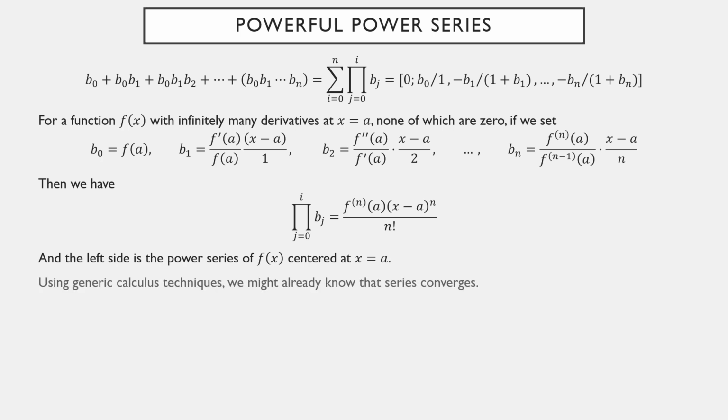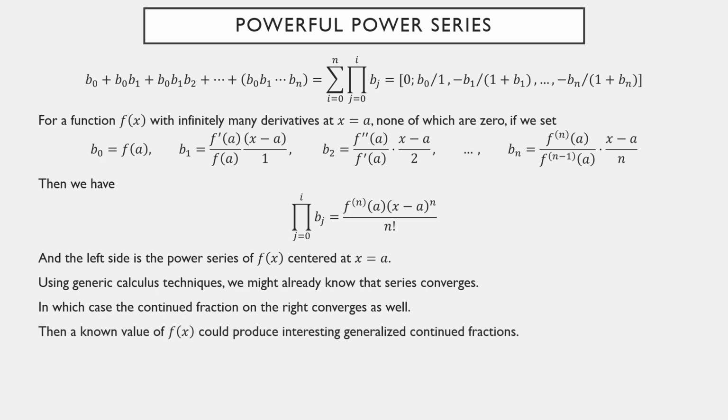It's the Taylor series. So using general calculus techniques, you may already know that the Taylor series for the function f of x is converging to the function f of x. Let's just presume that that works out at x equals a, in which case the continued fraction on the right will also be converging to f of x. So then a known value of f of x might produce interesting generalized continued fractions.